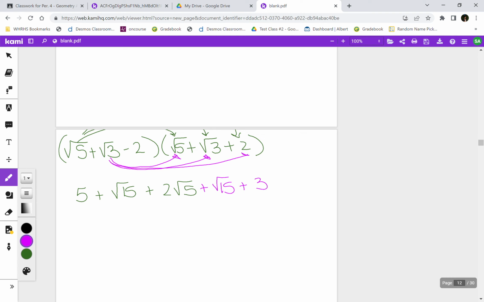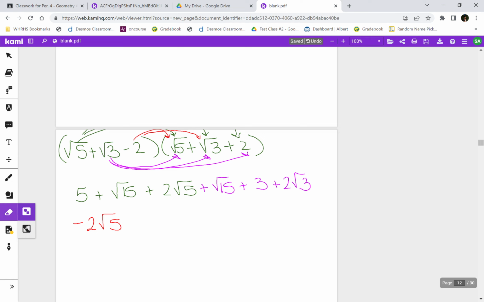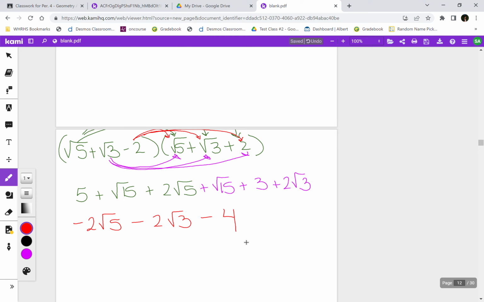Root 3 times 2 is 2 root 3. Last one. Negative 2 times root 5 is negative 2 root 5. Negative 2 times root 3 is negative 2 root 3, sorry. And negative 2 times a positive 2 is a negative 4.